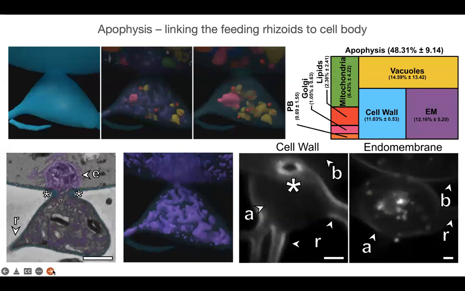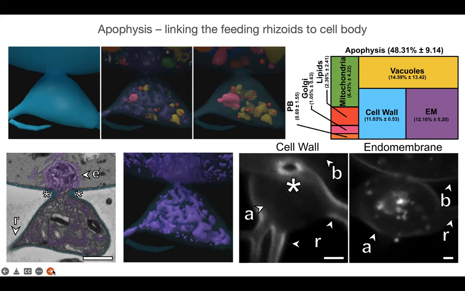What's also really cool is if you look at the junction between the apophysis and the sporangium, so we're looking up through the apophysis now into the sporangium, you see this little pseudo septum hole in this junction that's particularly chitin rich, this little tiny hole. And so this is the way that the chytrid cell can differentiate the functionality of that individual cell.